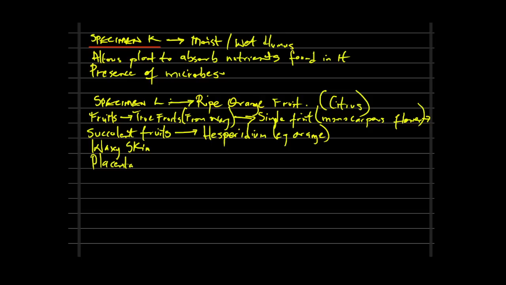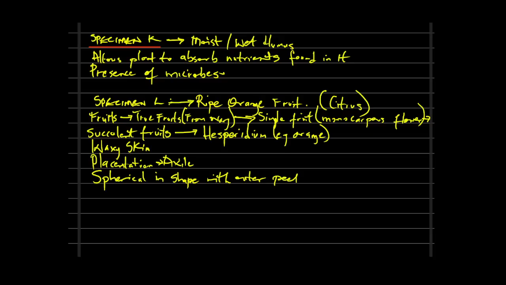The placentation is axial. Remember we talked about placentation earlier on. Placentation in the orange is axial. We have tomato in that particular class as well. And then it is spherical in shape with an outer peel.